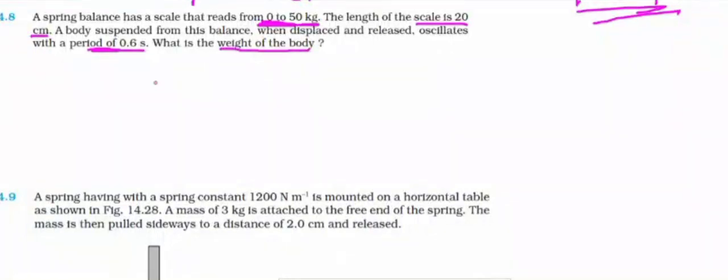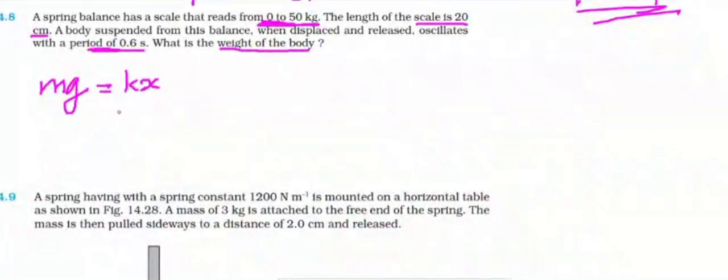Okay, now, so you can take like this, mg is equal to kx. Means F is equal to kx, you know. Here the weight is attached, so force is mg. Mg is equal to kx. Now mg is equal to kx and maximum mass is 50 g, so g is equal to k into x, where for 50 gram the maximum measurement is 20 centimeter.